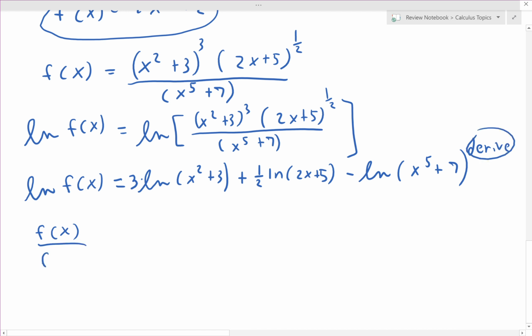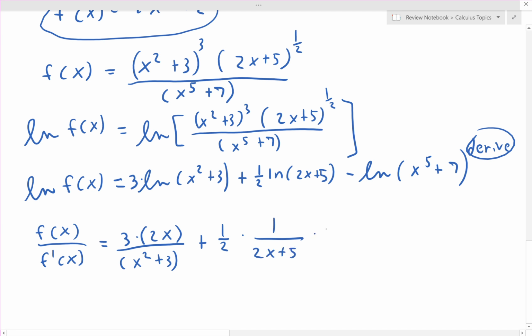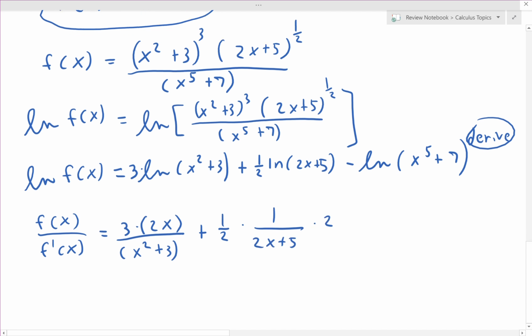F prime of x over f of x is equal to 3 over x squared plus 3 multiplied by the derivative of the inside, which would be 2x, plus 1/2 times 1 over 2x plus 5 times 2, minus 1 over x to the 5th plus 7 times 5x to the 4th.